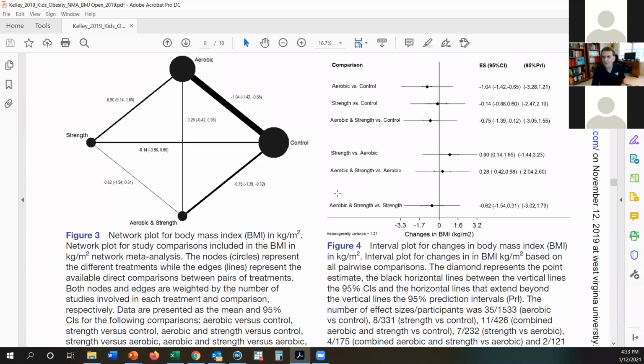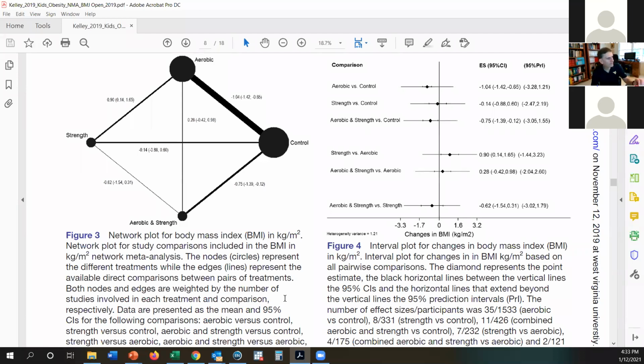If you look down below, those are the different treatments.